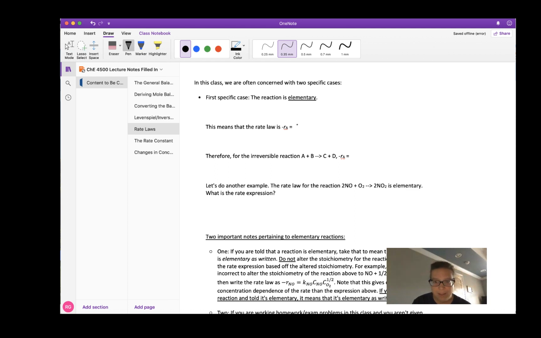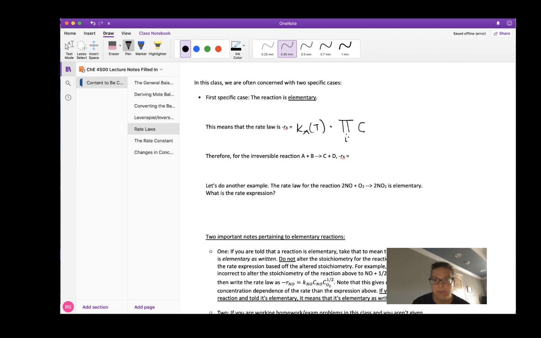So in other words, I have a rate constant, k sub A in this case, and that's a function of temperature, which we'll get to in a future lecture. And then we multiply this by a product of the different concentrations of the participating species.